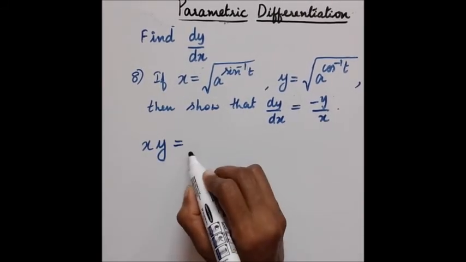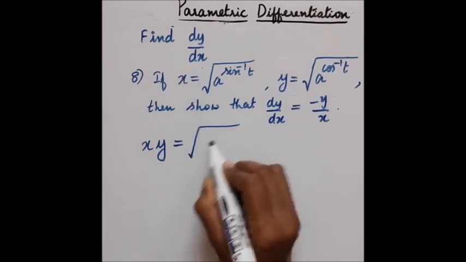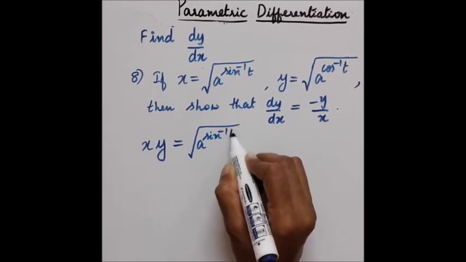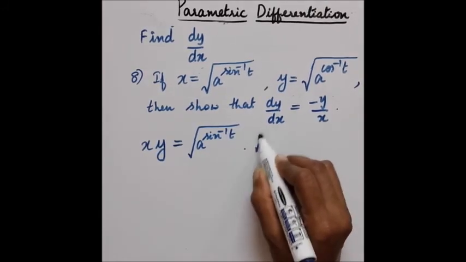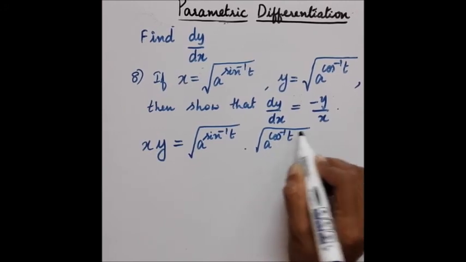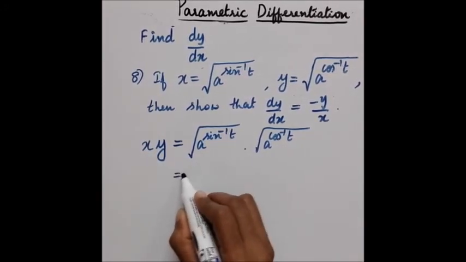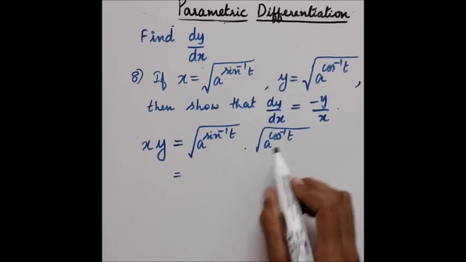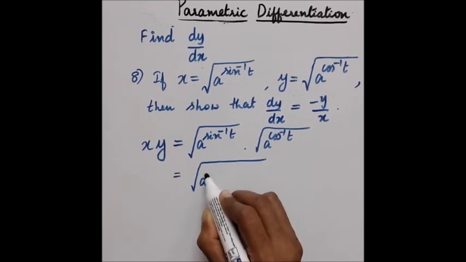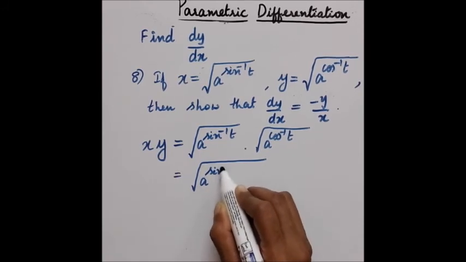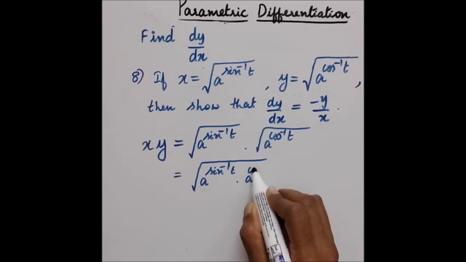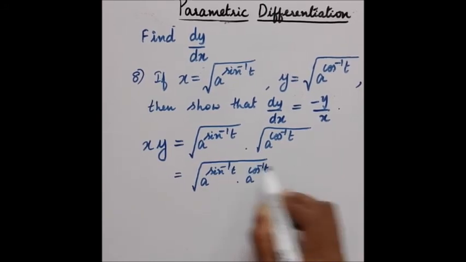So x into y is square root of a to the power sine inverse t into square root of a to the power cos inverse t, which is, we know that root a into root b is root of a into b. So root of a to the power sine inverse t into a to the power cos inverse t.